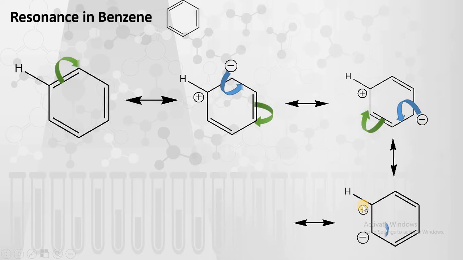So in the next step what happens again? This negative charge is going to form a bond, and there is a neutralization of positive and negative charge, and there is a bond formation between these two carbon atoms. So in this way you can draw the structures of benzene with the help of this resonance effect.